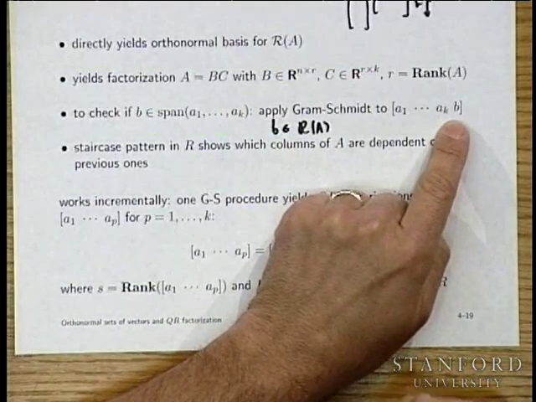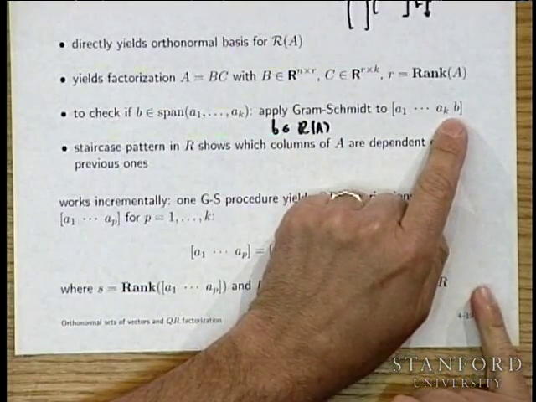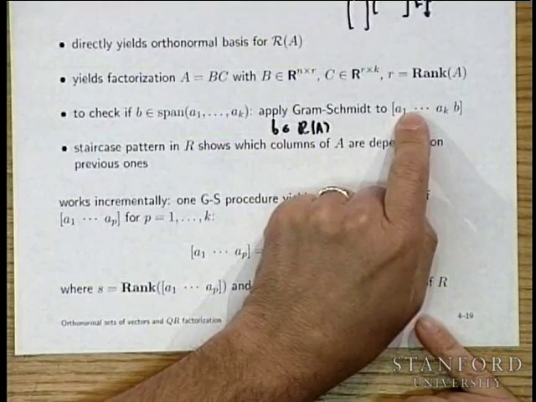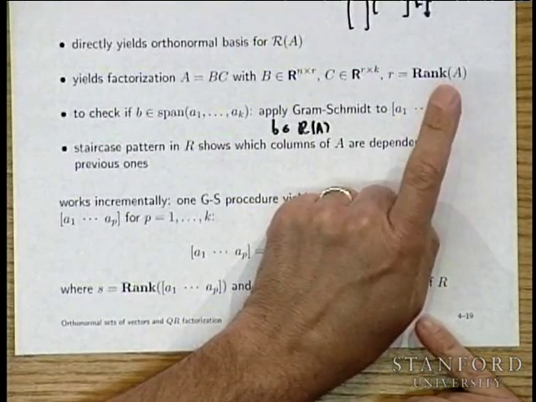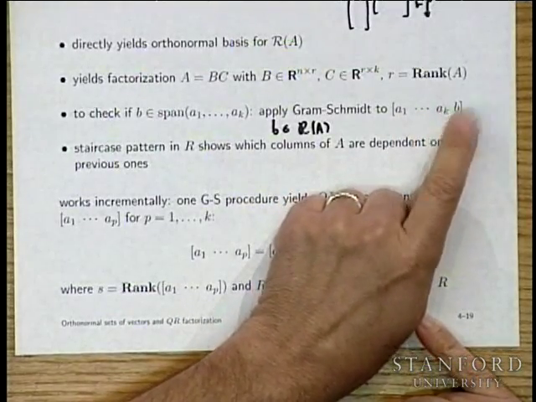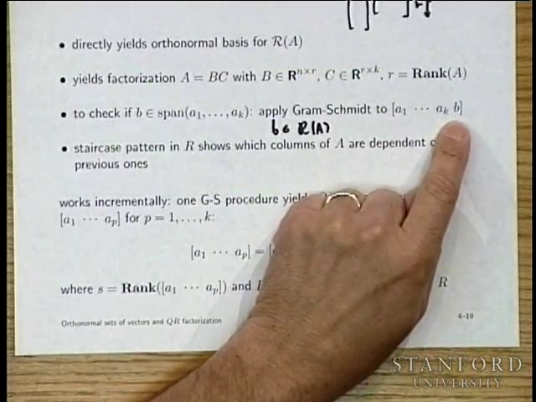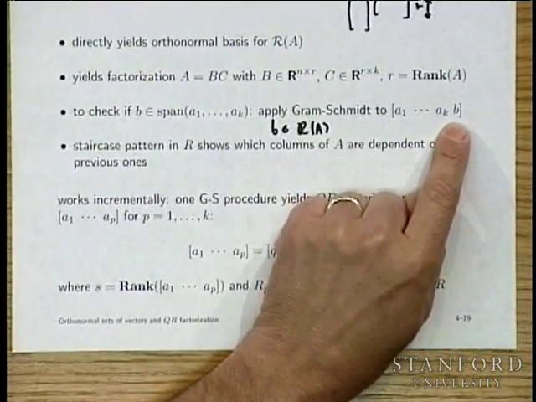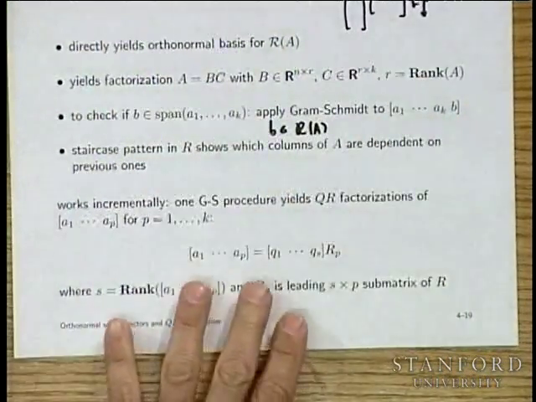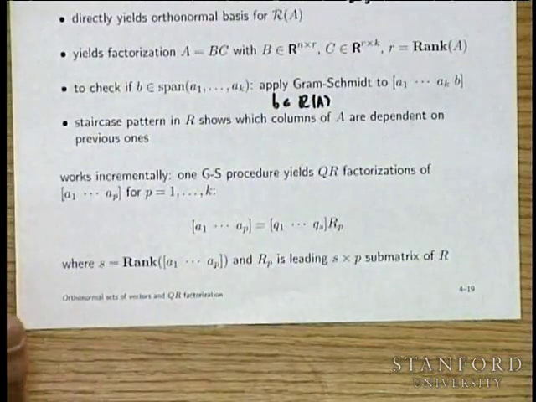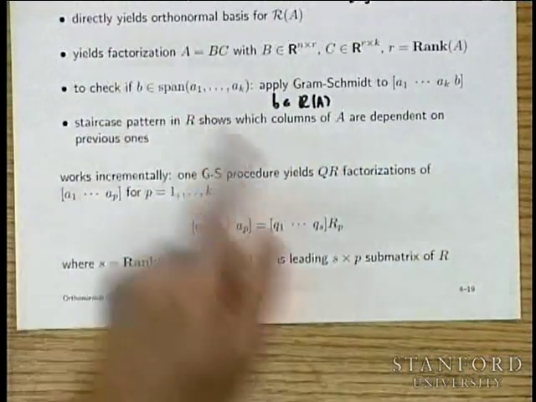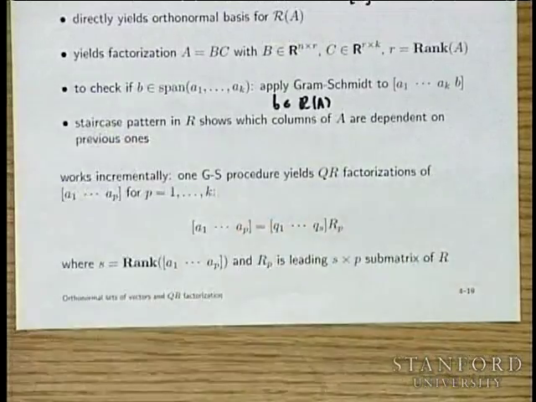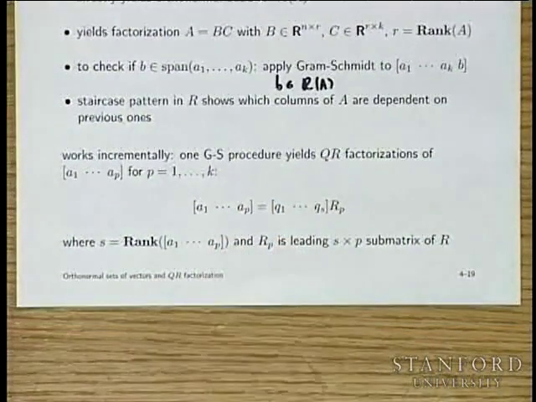If you did generate a new Q, that means B is not in the range. If on the last step you didn't generate a new Q, then B is in the range of the previous ones. Actually, the algorithm automatically solves AX equals B in that case. It finds an X that gives you AX equals B.